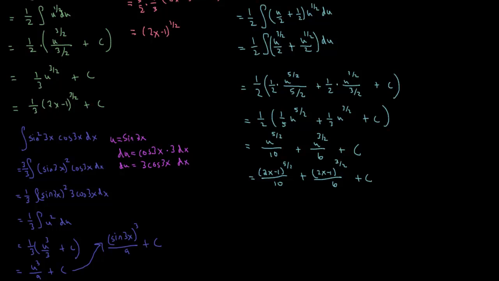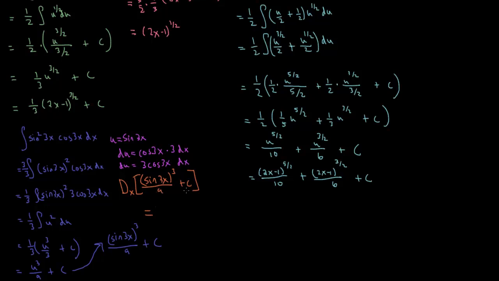So let's see here. We could say that the derivative with respect to x of sine 3x cubed over 9 plus c equals, okay, this is a chain rule application, naturally, since we're trying to reverse the chain rule.